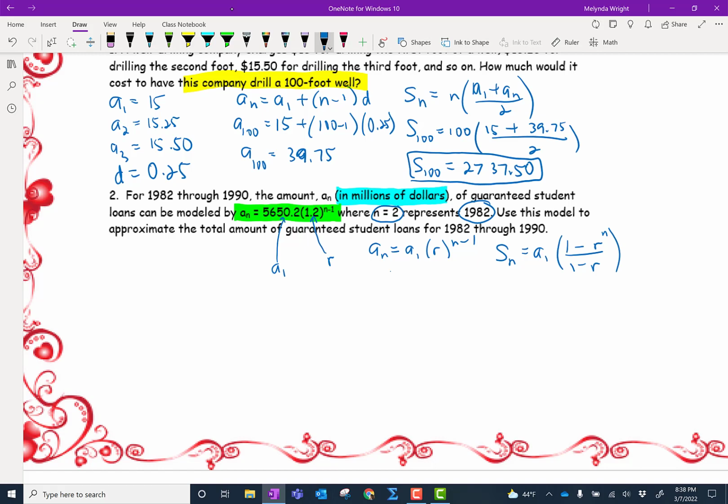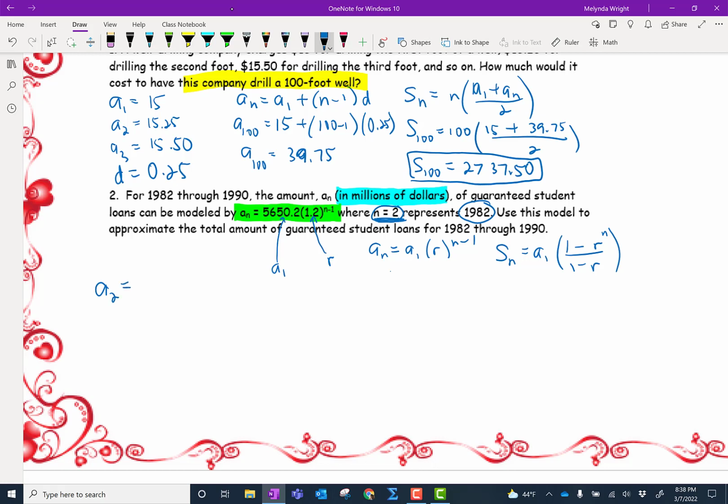Okay. All right. So 5650.2 is our a sub 1. This is wanting us to start at a sub 2, not a sub 1. That's what's pretty confusing. So we need to find a sub 2.